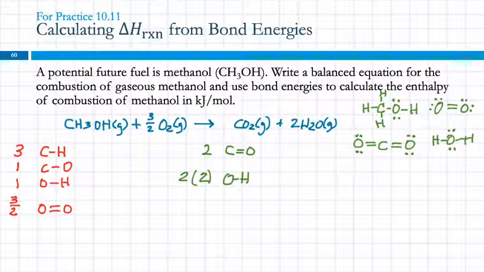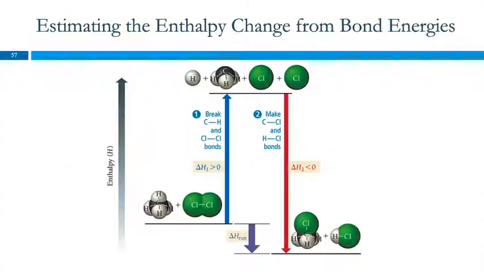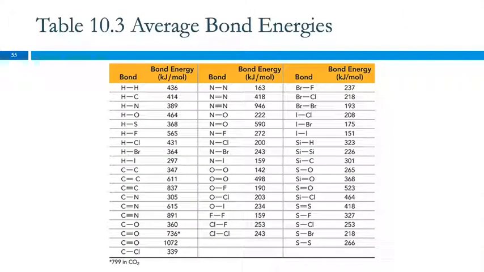Now I need some numbers. I know the one for carbon dioxide, but I don't know the rest of them. So, going back to this table, I'm writing on the board. A carbon-hydrogen bond is 414. I had some of those. I had oxygen-hydrogen, 464.